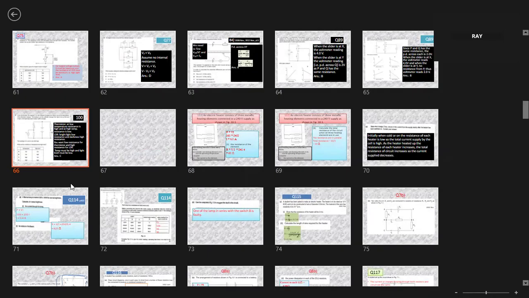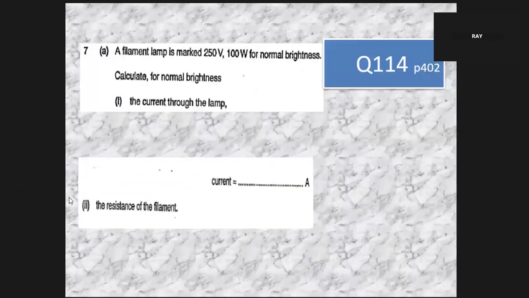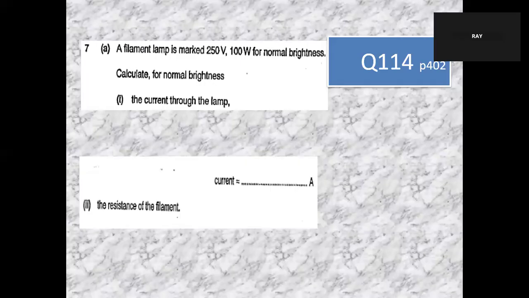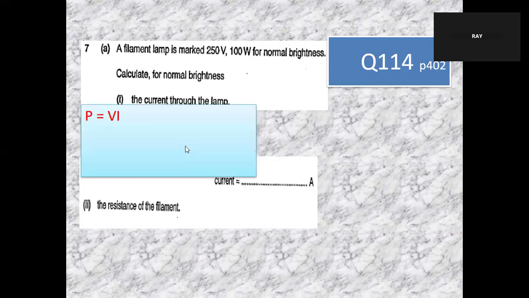Okay, let us try long question, paper 2. What is the answer for the first one? This one is testing you on using the formula, that's all. You can get 0.4 ampere.